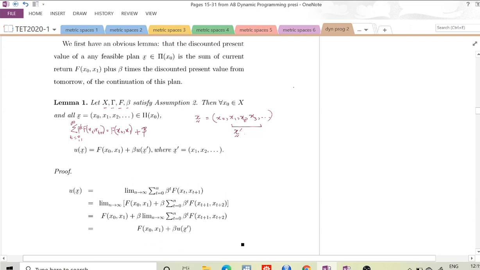So I want to know what u of x tilde prime is, right? One way to interpret this, and this is absolutely right, is that u of x tilde prime is the discounted present value from tomorrow onwards of the plan, the remainder of the plan, right?